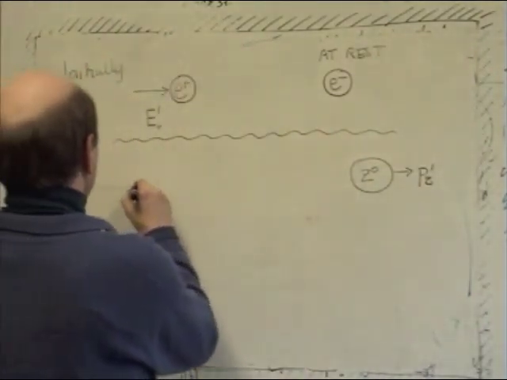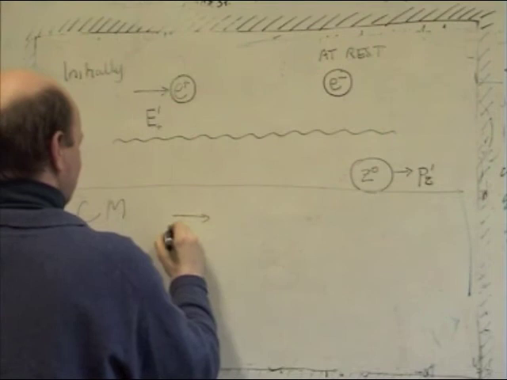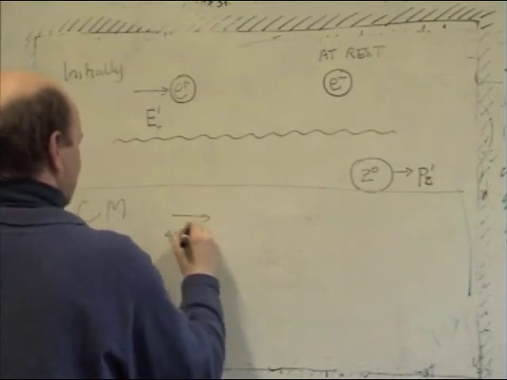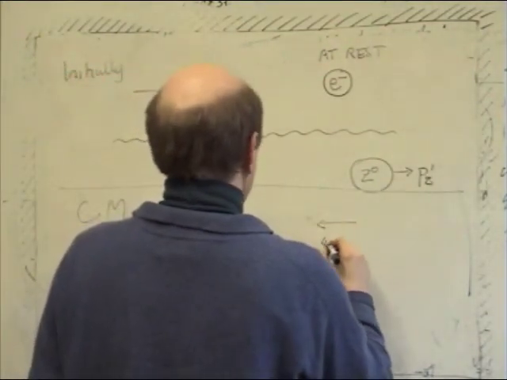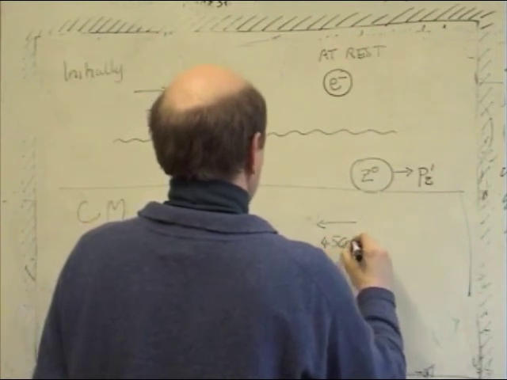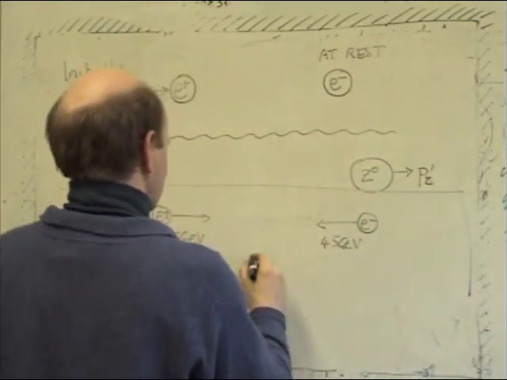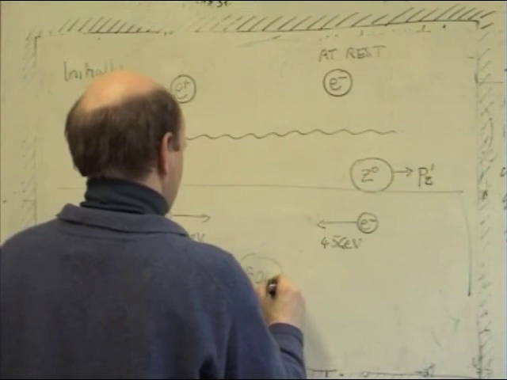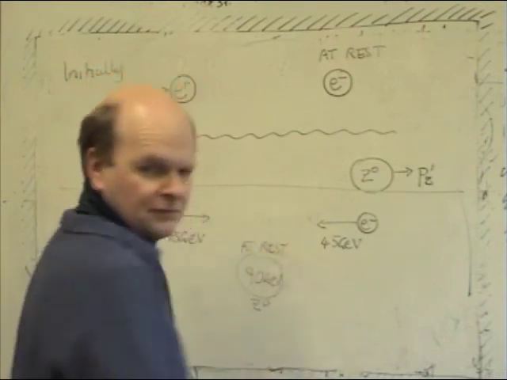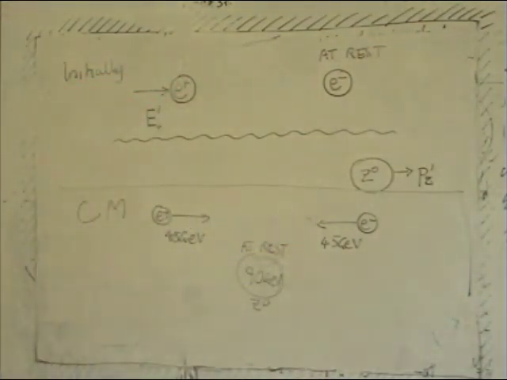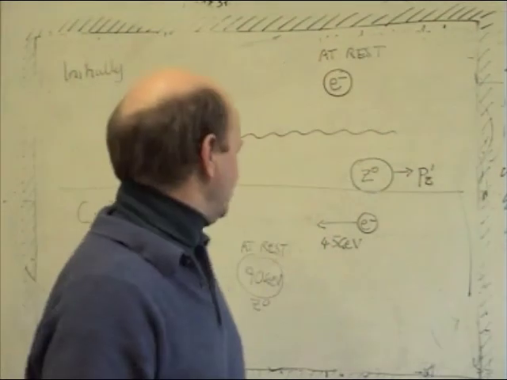So we know in the centre of mass frame, CM, that if you have a 45 GeV positron coming in, and a 45 GeV electron moving with an equal and opposite momentum, equal in magnitude but opposite in sign, then you can make a 90 GeV Z0 at rest.